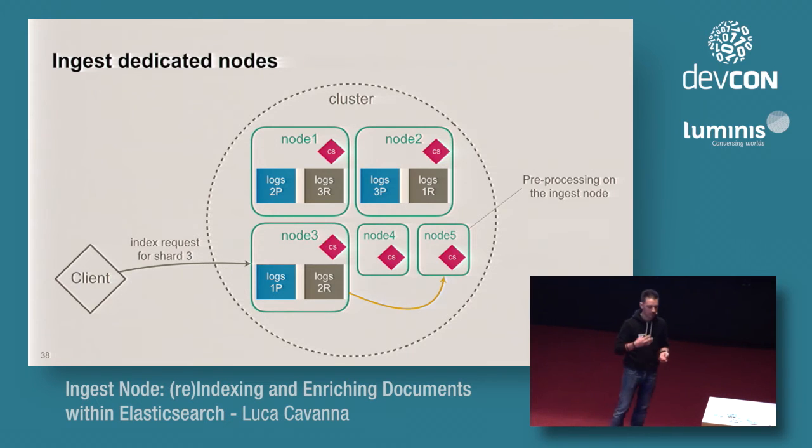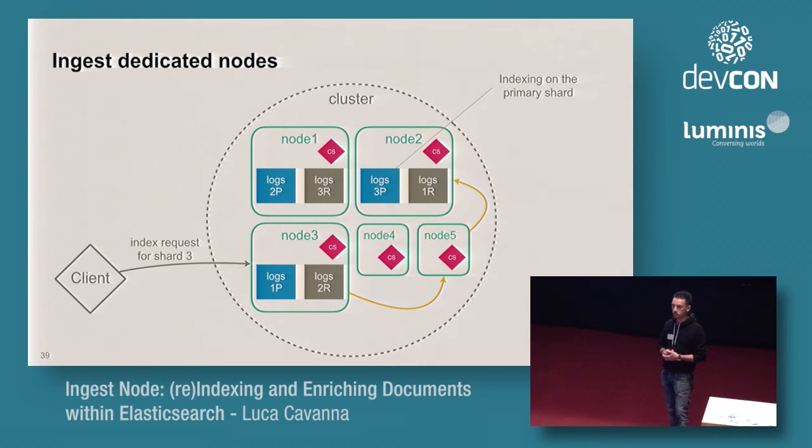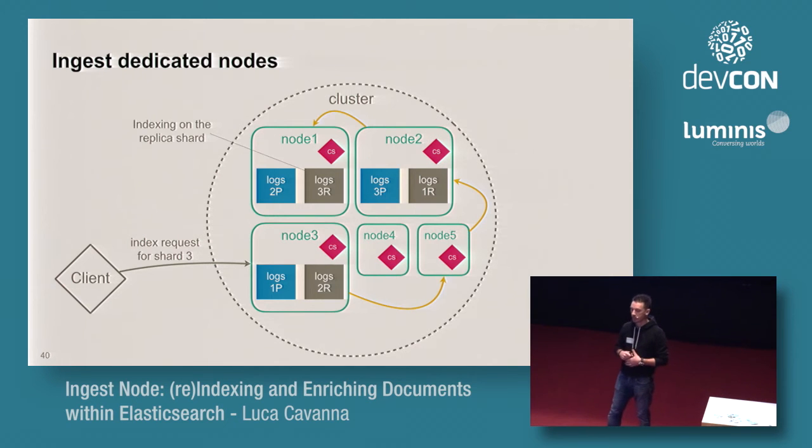Again, we load the pipeline from the cluster state, we execute it, and we enrich the document. And again, indexing. It's what we already know if we're using Elasticsearch. The document, which is enriched now, goes to the node that holds the primary shard for it, and then it gets replicated to the node that holds the replica. We have only one replica, so it happens only once.